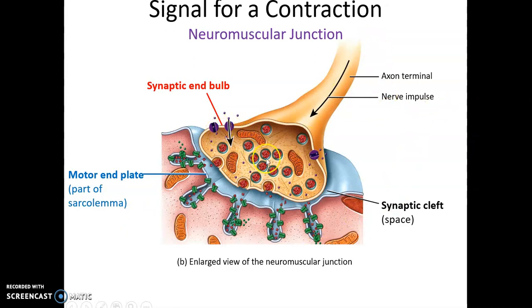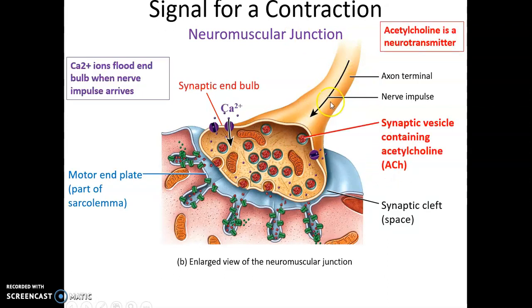So again, we have the synaptic end bulb, we have a space called the synaptic cleft, and then we have the motor end plate of the muscle fiber. And so that nerve impulse cannot jump that space. Instead, what the nerve impulse is going to do is signal for the release of a neurotransmitter called acetylcholine.